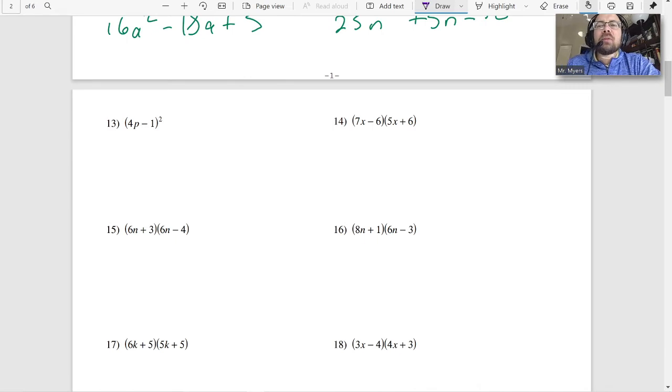You would be careful to not try to distribute the 2. You can distribute the number 2, but only when it's being multiplied by 4p minus 1. So we do want to distribute 2's, definitely, but the 2 would normally be to the left of the parentheses, not up in the top right.